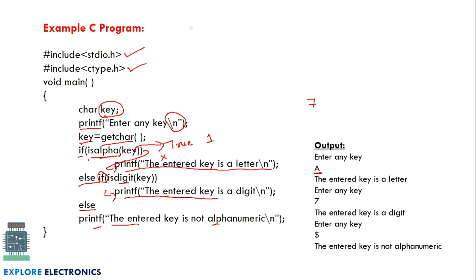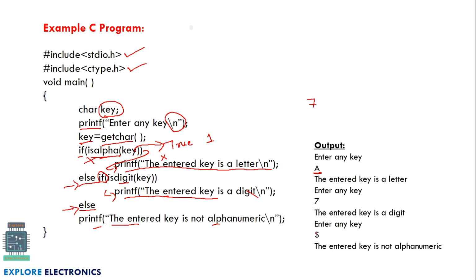Correct? If the first condition is satisfied, the second and third will not be checked. If the first is not satisfied, only then will it come to the else if condition. If else if is also not satisfied, only then will it come to the else condition.